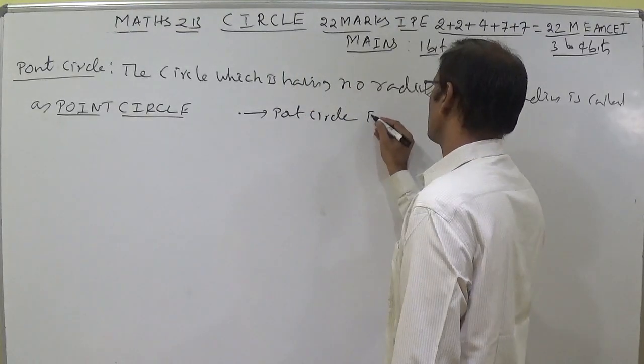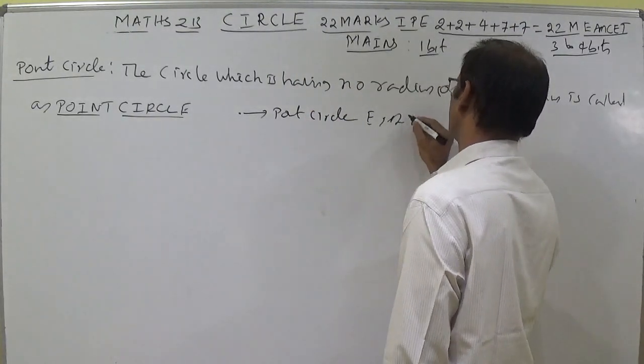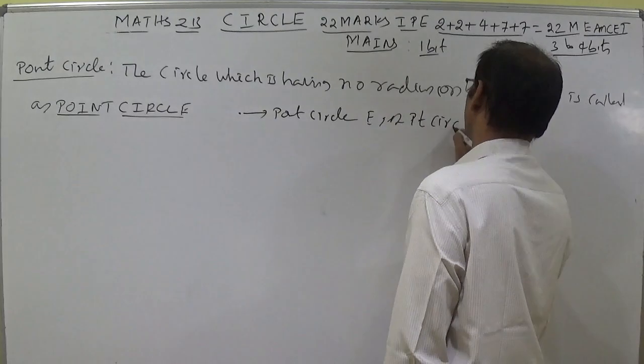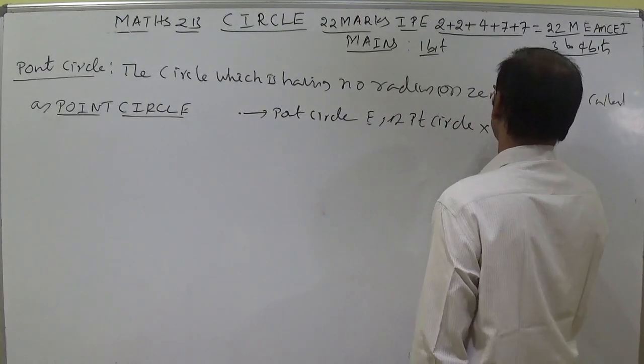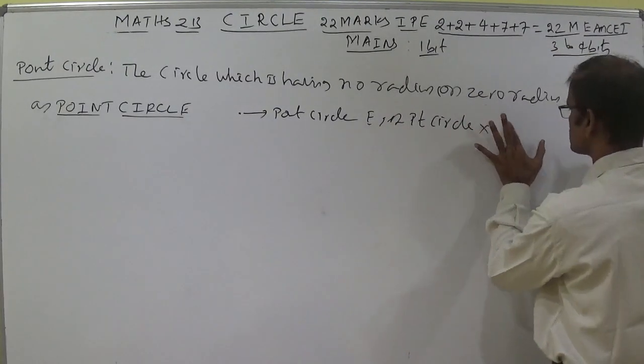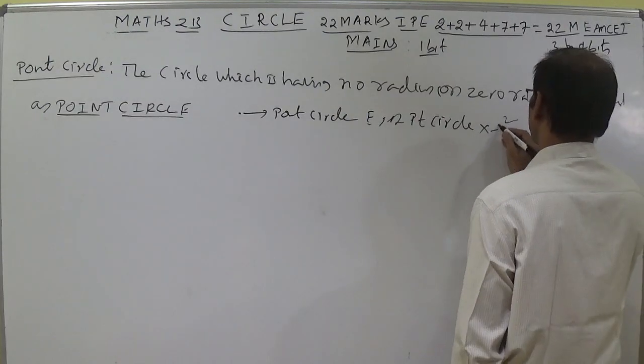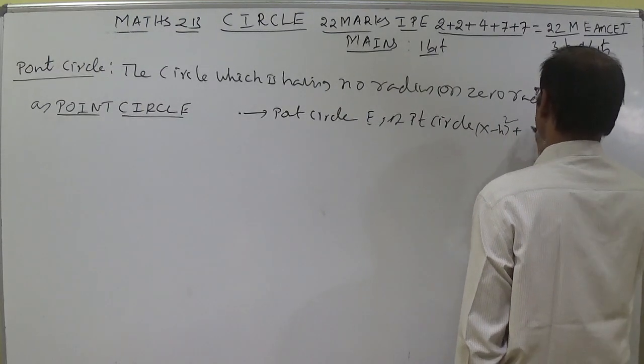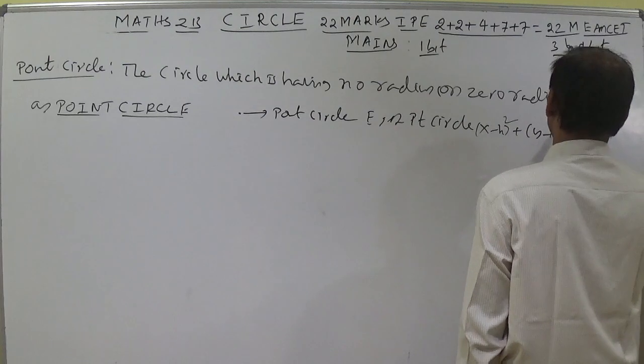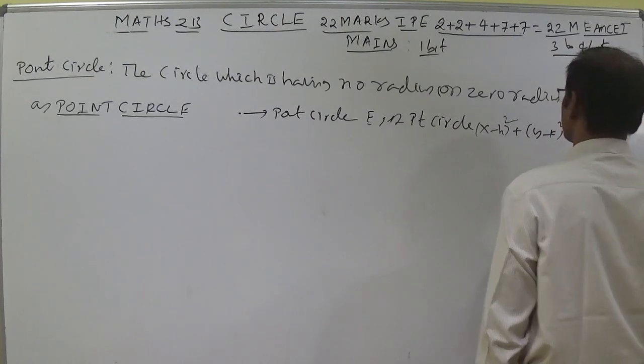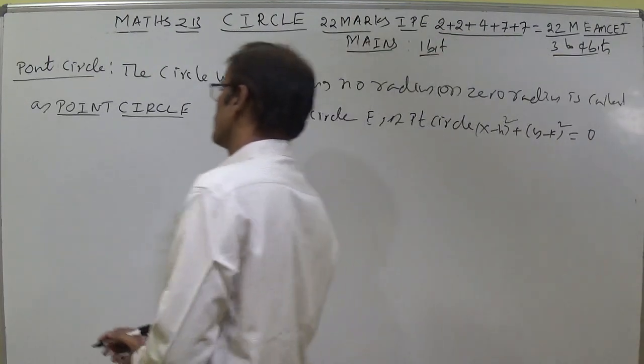So the equation of point circle, you can write this one as x minus h whole square plus y minus k whole square equal to 0.